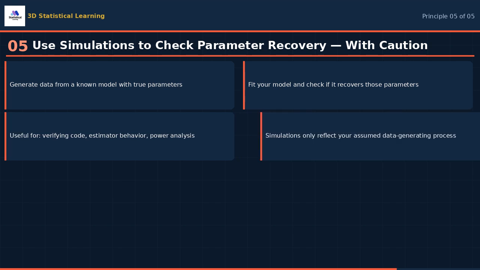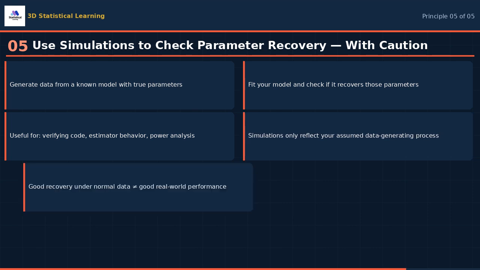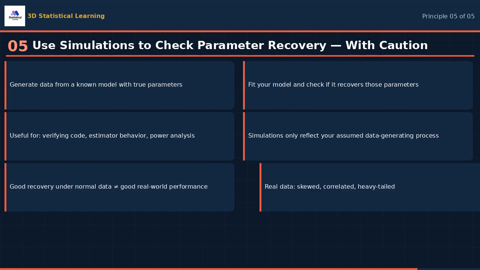If the model consistently recovers the true values across many simulated datasets, that is evidence the estimation procedure is working as intended. This is particularly useful for verifying complex modeling code, for understanding estimator behavior under different sample sizes, for studying model misspecification, and for assessing statistical power.